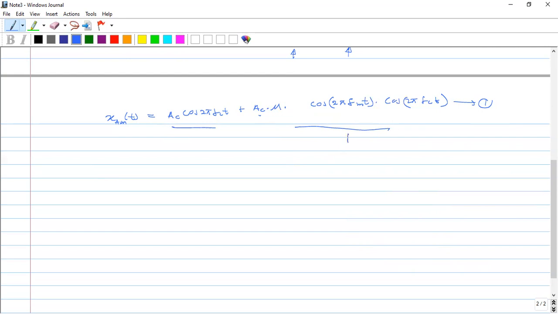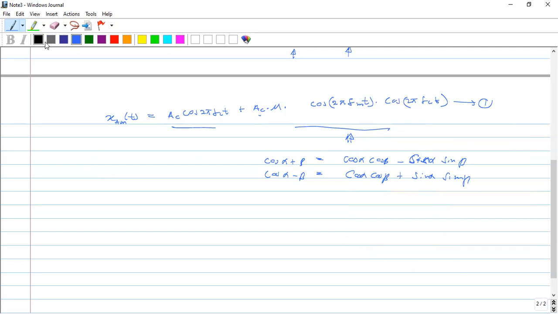You can see that in our live tutorial we used cos(alpha plus beta) and cos(alpha minus beta), two well-known trigonometric identities: cos alpha cos beta minus sin alpha sin beta, and here cos alpha cos beta plus sin alpha sin beta. Using this we can write this as cos(alpha plus beta) terms.